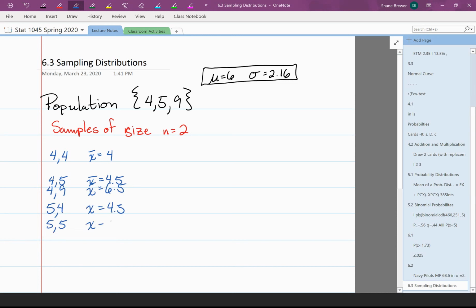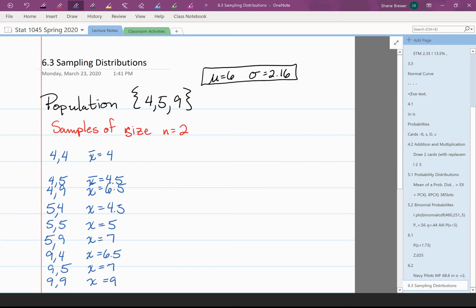The mean there is, of course, 5. And then 5, 9 is another sample we get on another day. The mean there is 7. We'll keep going. 9, 4. The mean there is 6.5. 9, 5. The mean there is 7 again. And 9, 9. And the mean there is 9.